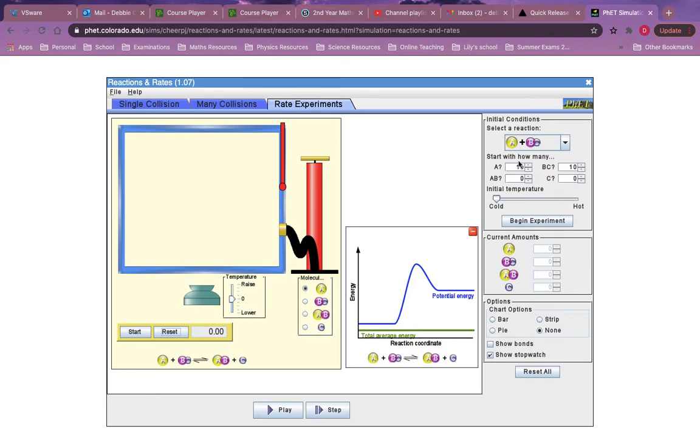That's like reacting your calcium carbonate with your hydrochloric acid. I'm going to put 10 molecules of calcium carbonate and 10 molecules of hydrochloric acid into the experiment, and down here you're going to see the number of effective collisions that take place. I'm going to do it for a 20-second time period, let's say. Okay, so let's watch.